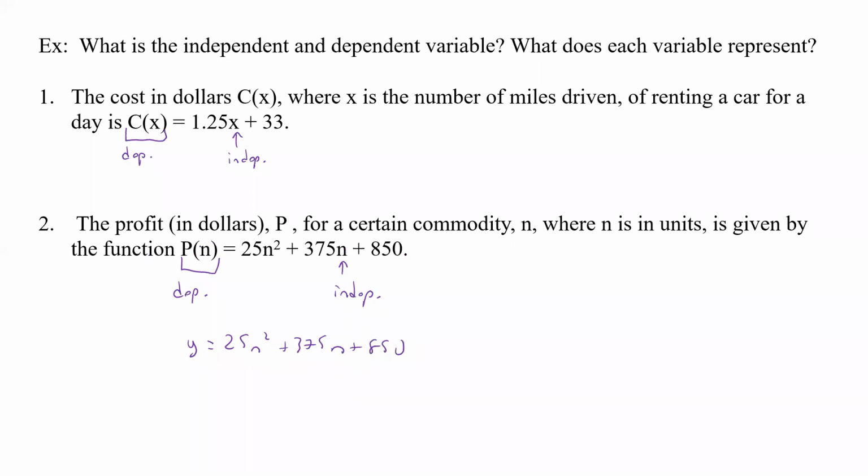So it's P of N or y, so it kind of depends on how you want to look at it. And y, we know, is the dependent variable, and in this case it's n instead of x, but the n is going to be our independent variable.